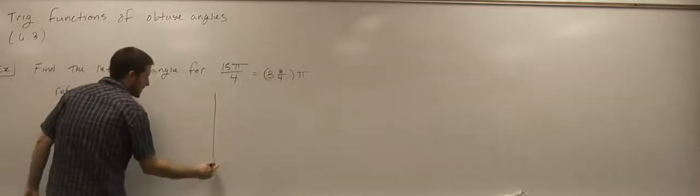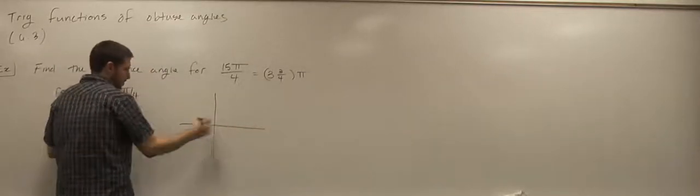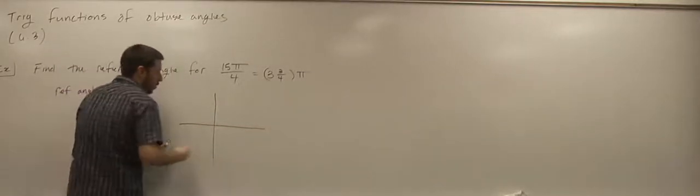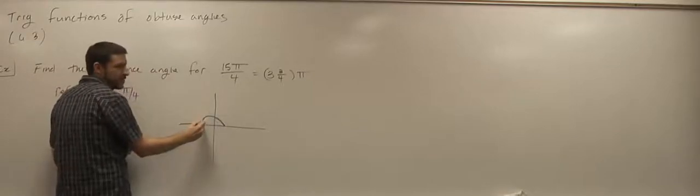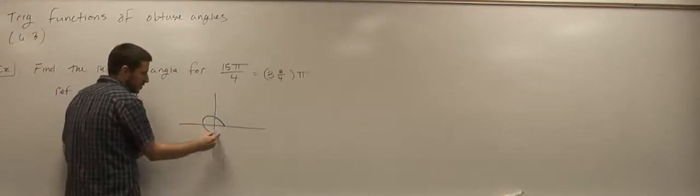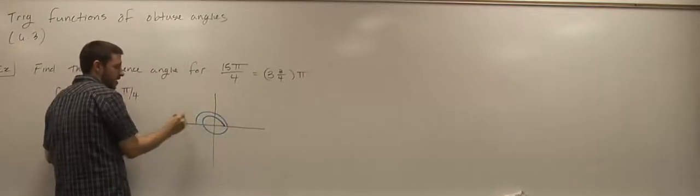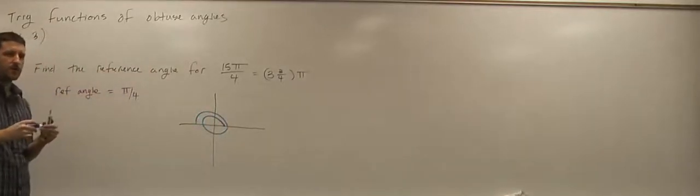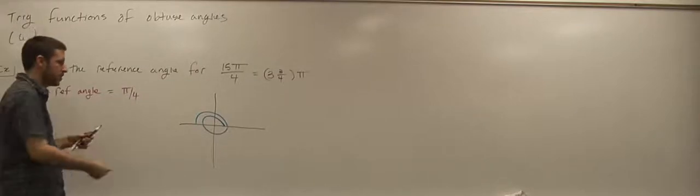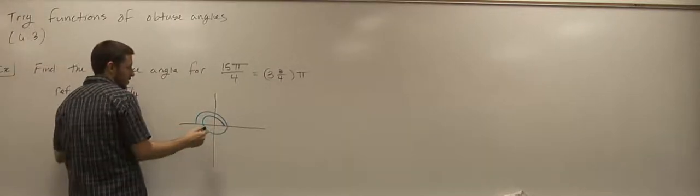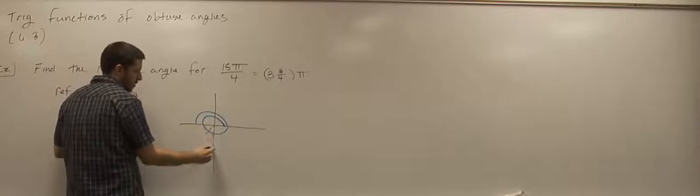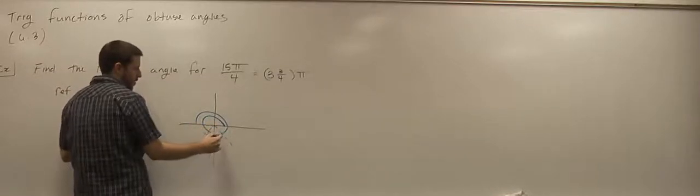So as you graph this, here's 1 pi. 1 pi is just a half rotation. 2 pi, another half rotation. 3 pi. And then from there you have to go 3/4 of pi. So you break this bottom pi into quarters: 1, 2, 3, 4.